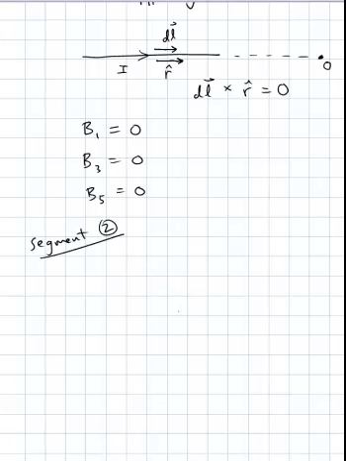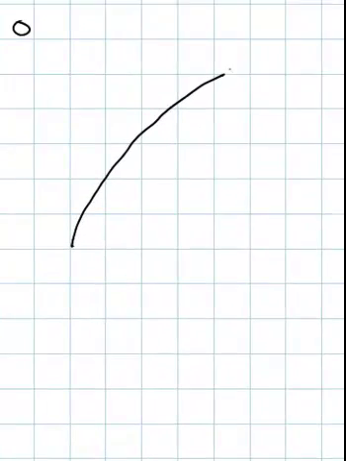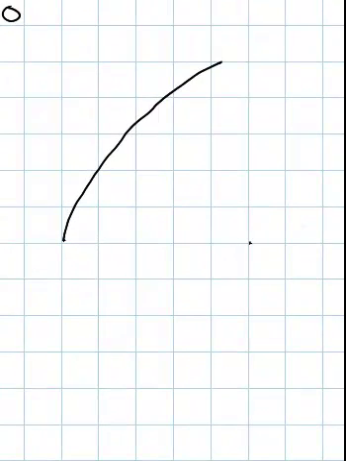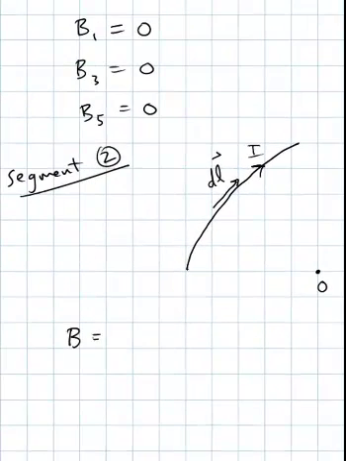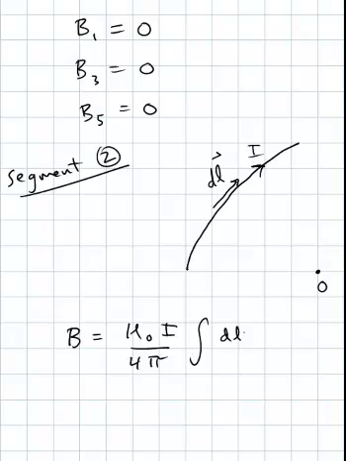And I'm just going to redraw it here. We've got this arc, and we're interested in the magnetic field at some point over here, O. That point O is the center of curvature of the arc, and so as we move along, the current is in that direction, and so we can pick some length element that points in the same direction as the current, and that we're interested in figuring out what the, let me just write it out here, the Biot-Savart law, mu naught I over 4 pi integral dl cross r hat over r squared.